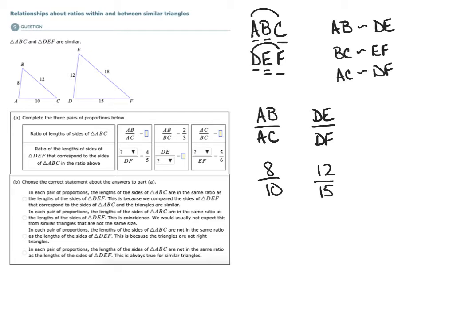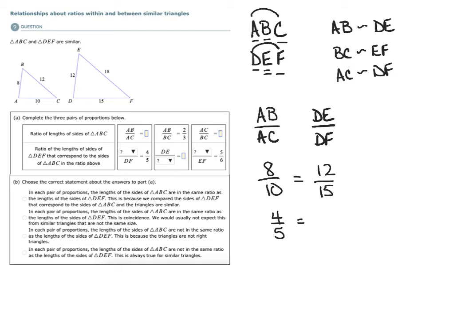Now, in order to confirm that these sides are similar, they must be proportional. And I can see that if these are proportional, then they have the same rate. So if I divide 8 over 10 by 2, I would get 4/5.